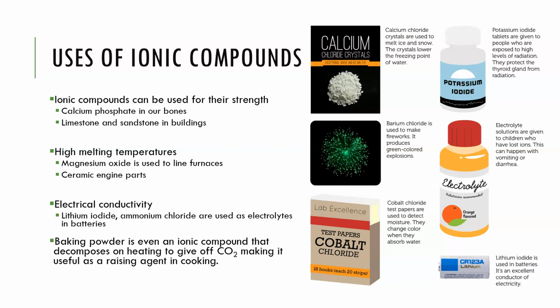So particularly lithium-ion batteries are used for a higher voltage in our devices these days. Of course, you've probably come across baking powder. This is an ionic compound that decomposes to give off CO2, so it's often used as a raising agent if you do any baking or anything like that.